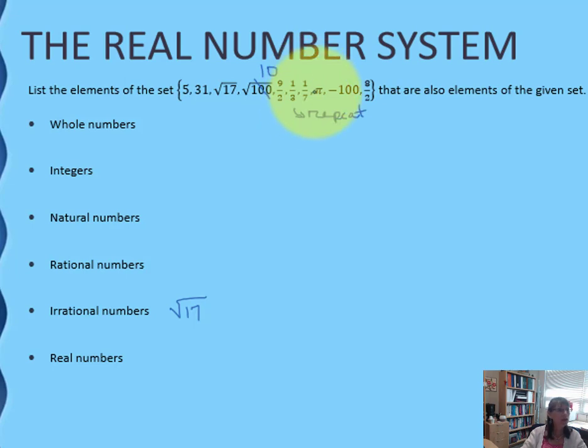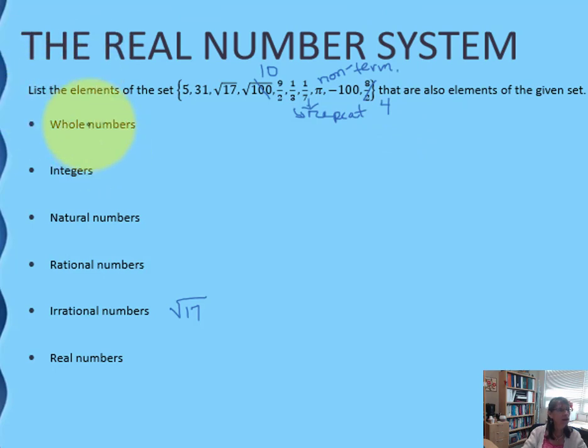So that is also a repeated pattern. With pi, you probably remember we talked about pi, and that is a non-terminating decimal. Negative 100, and then 8 halves. 8 halves reduces to 4, so that does terminate.